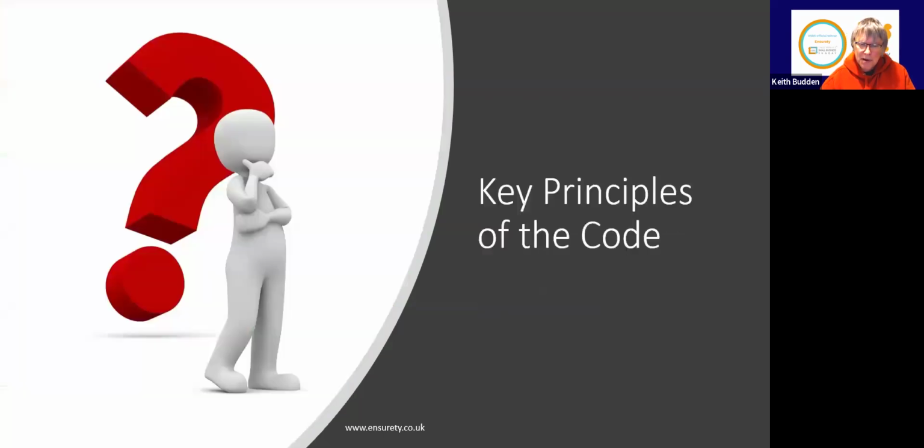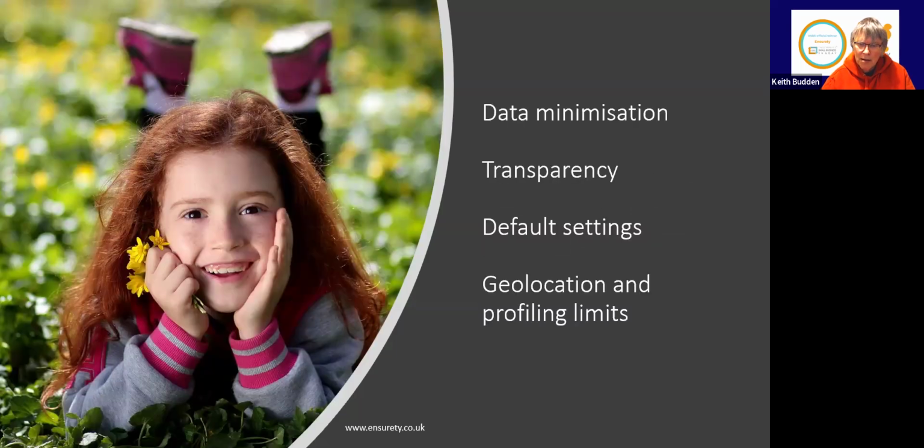So the key principles of the code are some of it's very common with GDPR, to be honest. Data minimization. So only keep the minimum amount of data you need to hold to actually make the thing function. Transparency. Be open on what you're doing with the code.